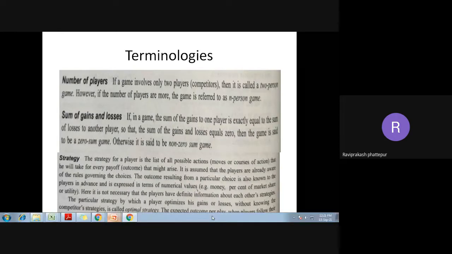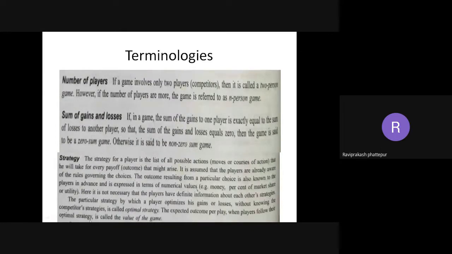The expected outcome per play when players follow the optimal strategy is called the value of the game, V. So we'll see it again later. You should know the outcome of that particular strategy. So he's getting some outcome, right? That outcome is called the value of the game.